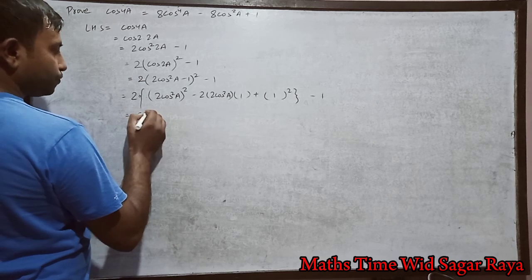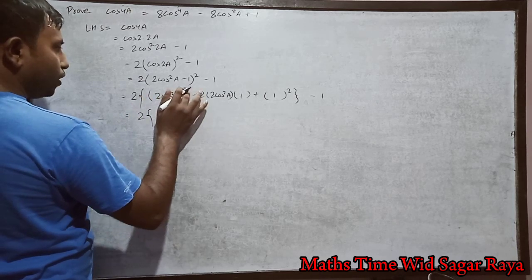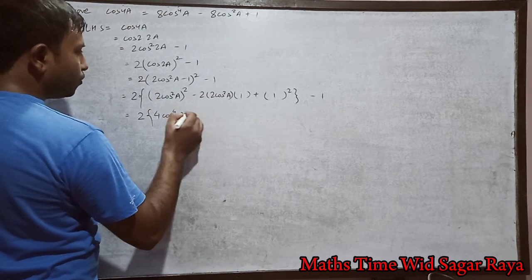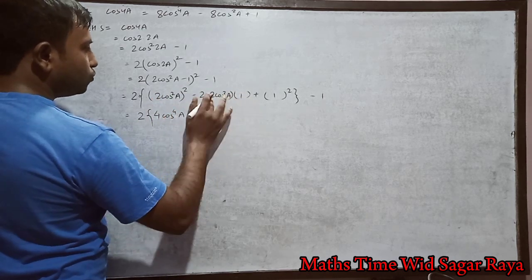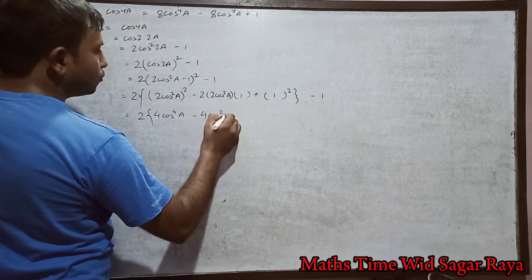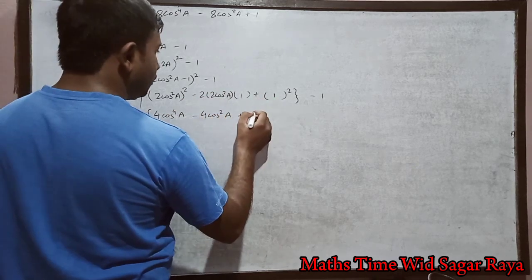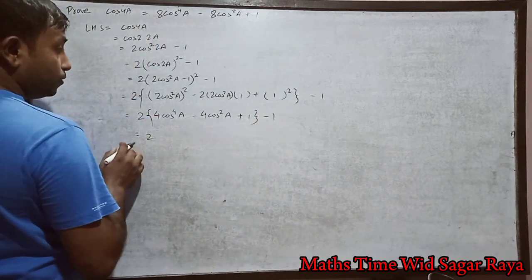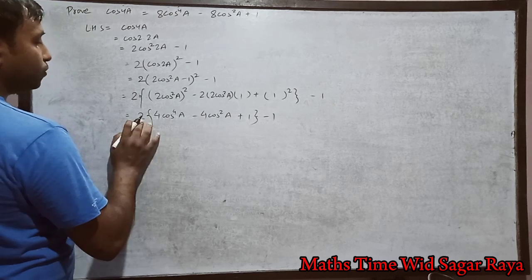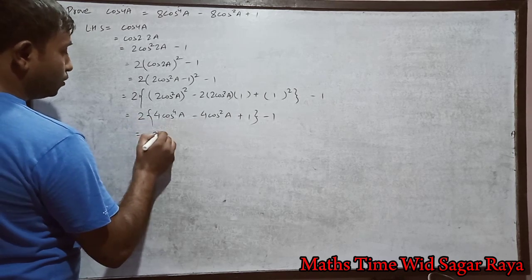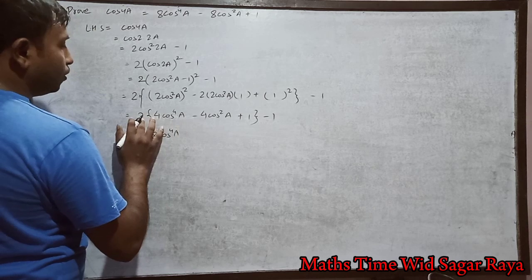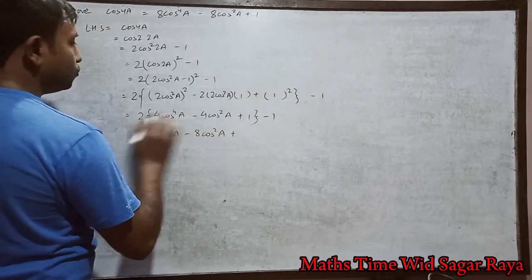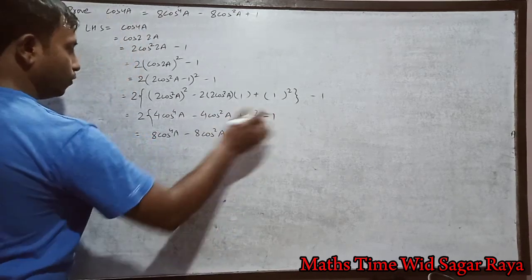Now 2 cos square a whole square means 4 cos power 4 a. Now 2 into 1 is 2, 2 2 is 4 cos square a, plus 1 square is 1, minus 1. Now let's multiply. 2 into 4 is 8 cos power 4 a, minus 2 4s are 8 cos square a, plus 2 1s are 2, minus 1.